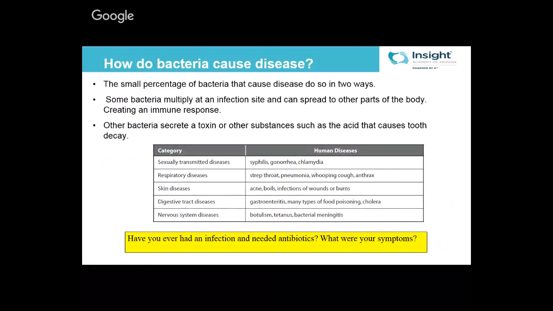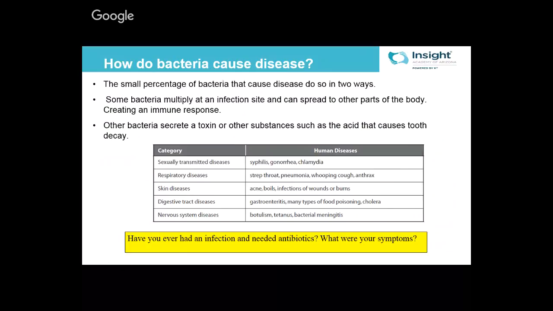But how does bacteria cause disease? A very small percentage of bacteria can cause disease, and it does it in two ways. Some bacteria multiply at an infection site and can spread to other parts of the body, and it creates an immune response. The symptoms that you feel, or not feeling well, really have to do with a decrease in your red blood cells because there's an increase in your white blood cells.